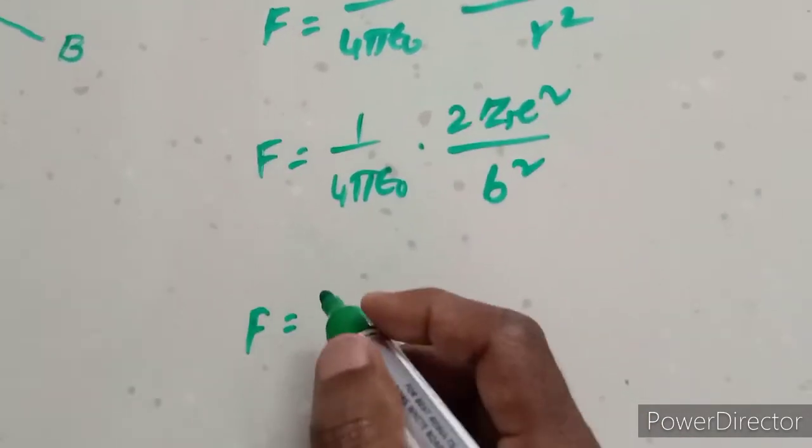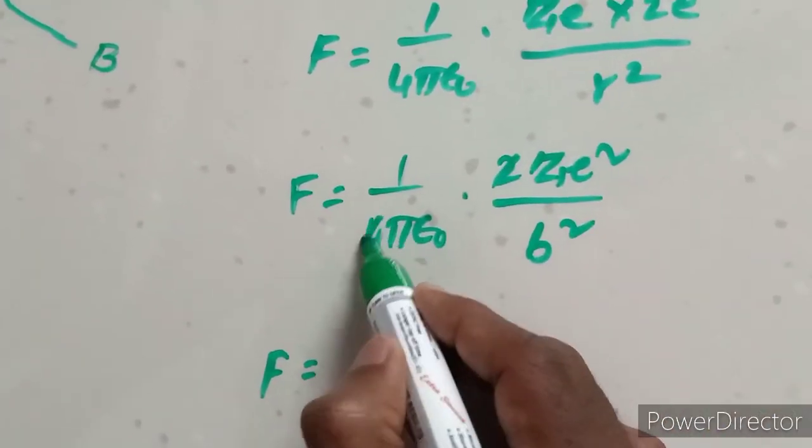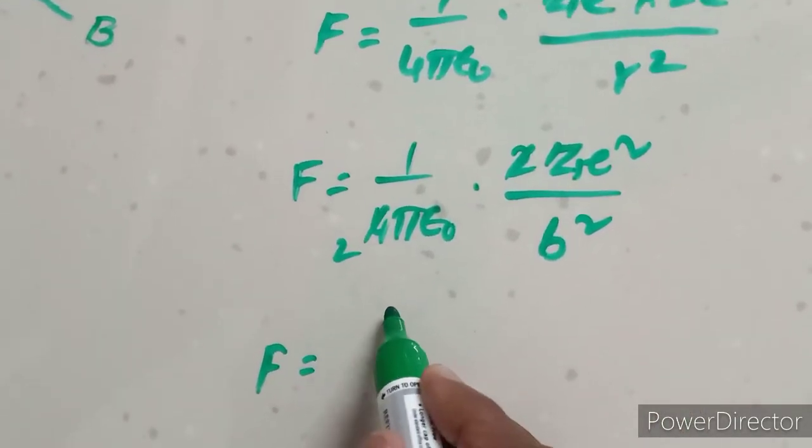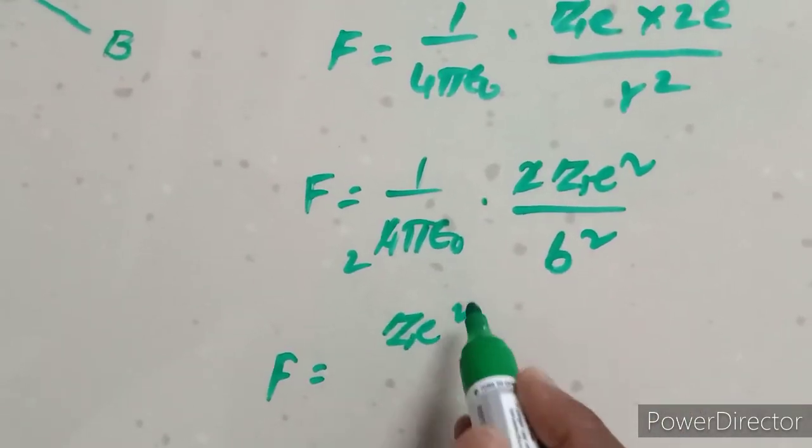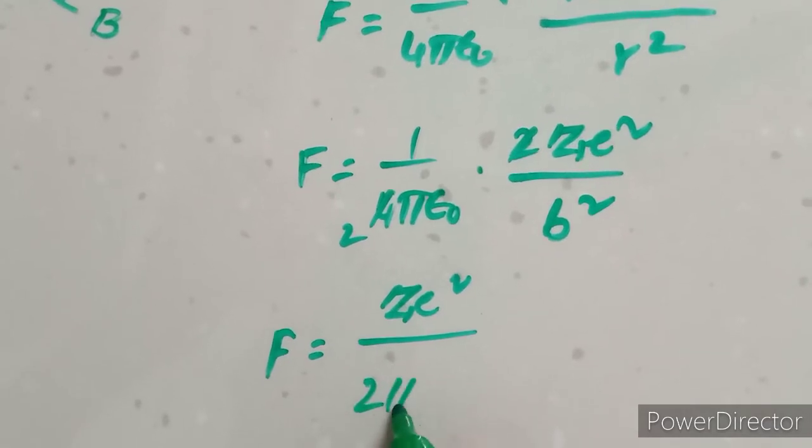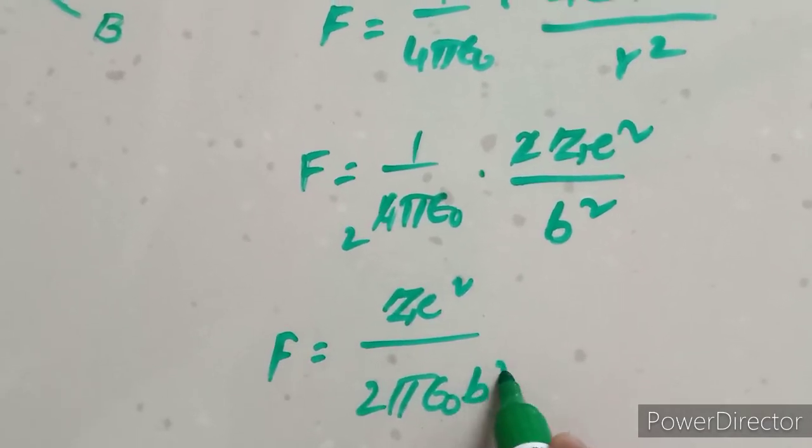Finally, the 2 cancels, F equals Ze square upon 2 pi epsilon naught b square.